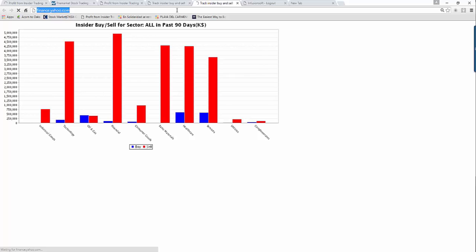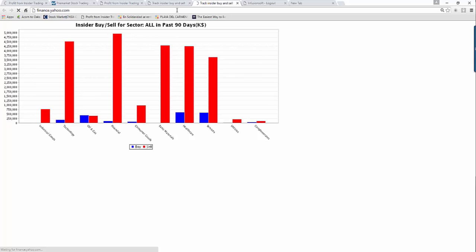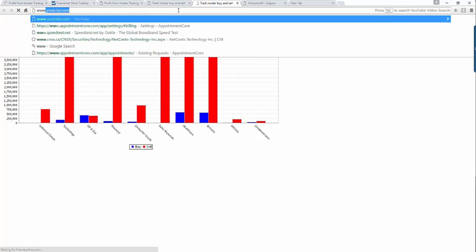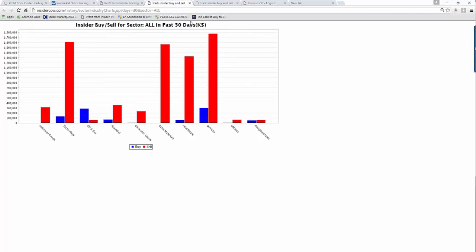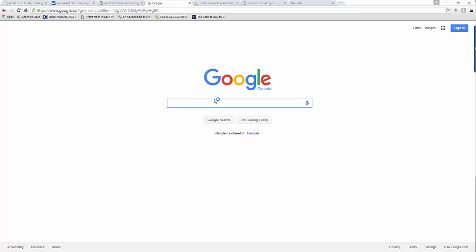Yahoo Finance does not seem to be coming up, which is quite interesting because I was looking at Yahoo earlier, with a lot of smart money coming out of it amidst their buyout discussions. Let's have a quick look here. Okay, very interesting. Yahoo not working at all. Go to Google.